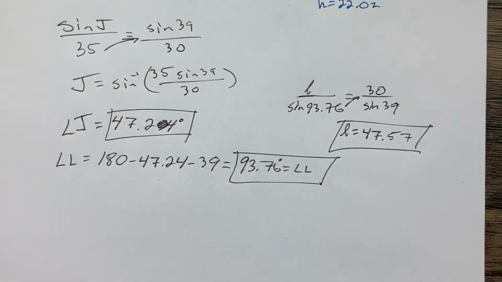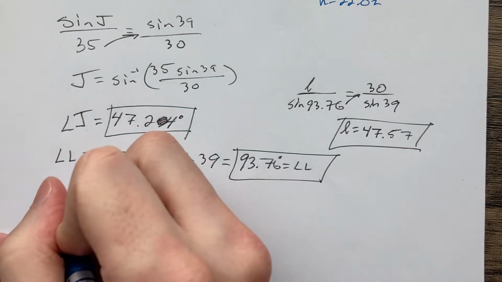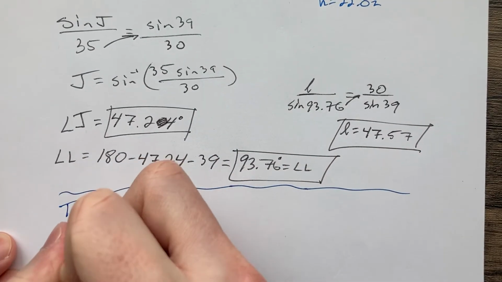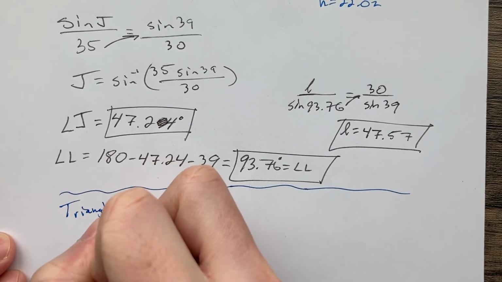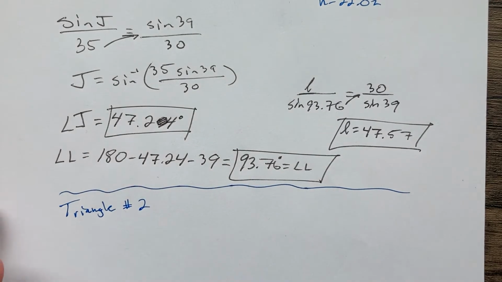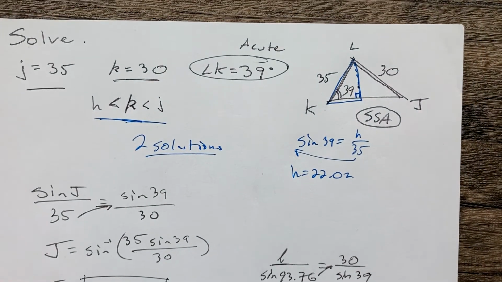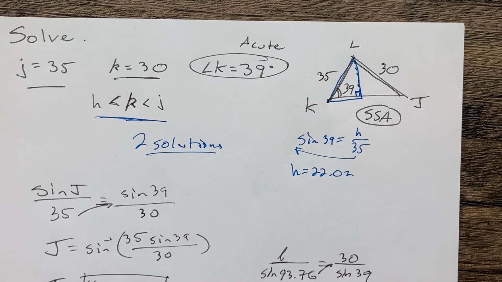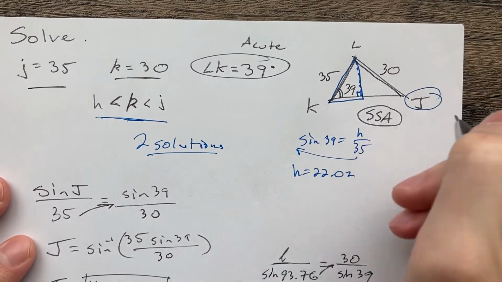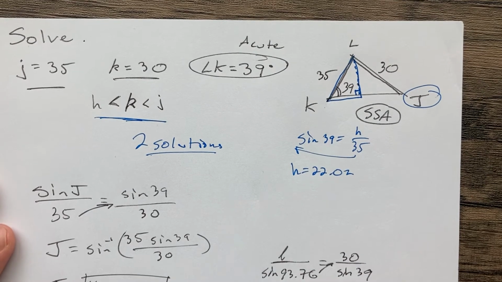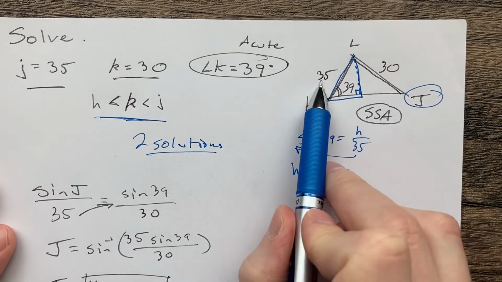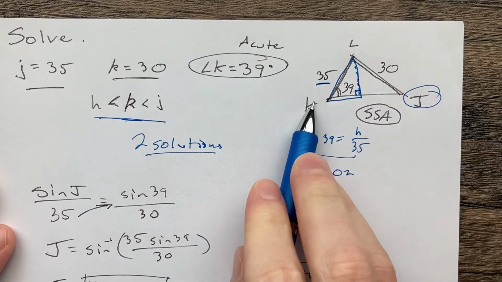So now to get to triangle number two, I'm going to go back to my drawing up here. And the angle that is opposite the second side they give us is the one that's going to be supplementary in our second triangle. Okay, the angle opposite of the second side they give us.